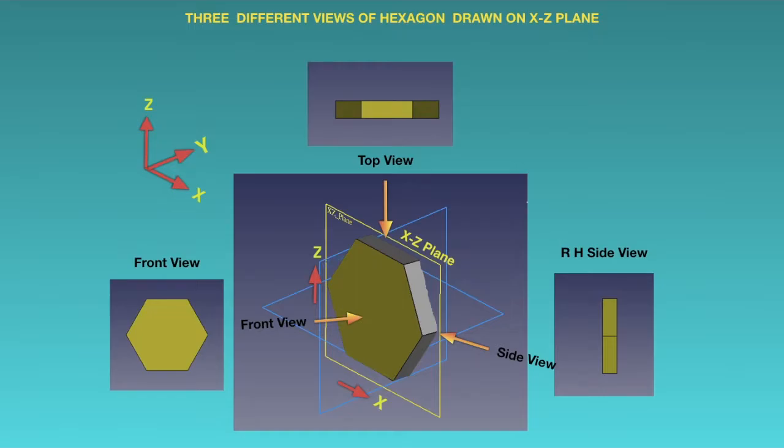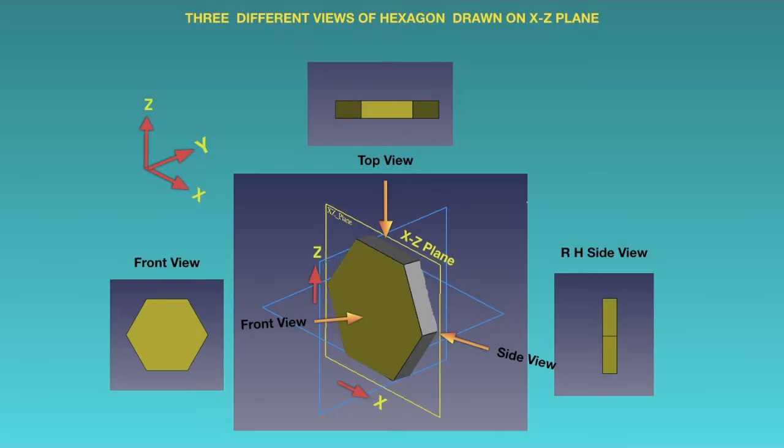Now this time let us consider that the same hexagonal pad is drawn on xz plane. That means the plane consisting of x-axis and z-axis. X-axis is a horizontal line and z-axis is a vertical line, vertical axis.